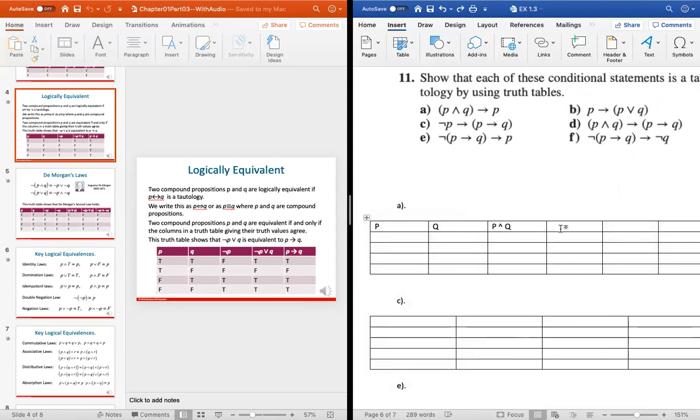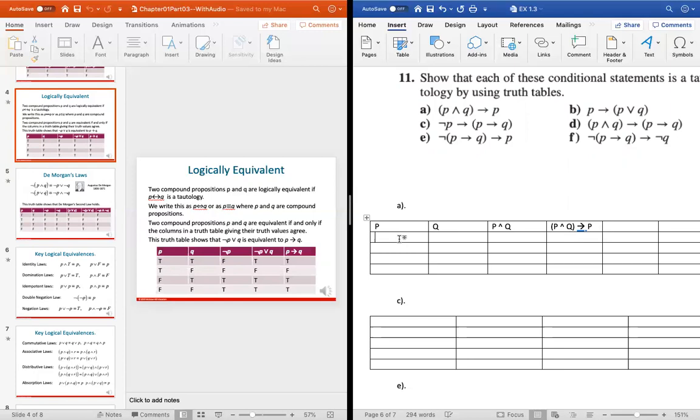So it's going to be P and Q implies P. This bracket over here signifies that you should solve this first. Brackets always take precedence.